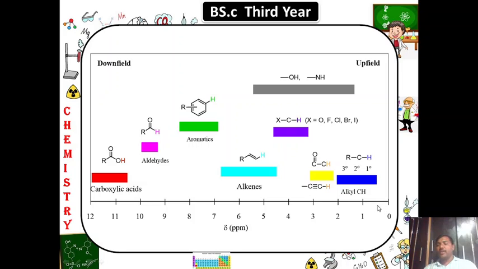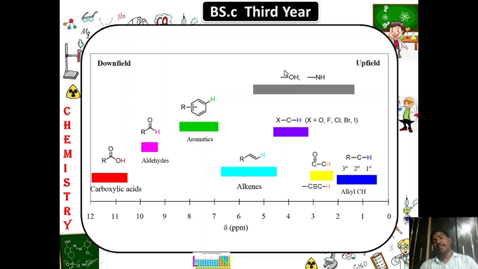For carbon attached to a double bond or a ketone function, the signal appears at about 2.2 to 3. When a halogen atom is attached to the carbon bearing the proton, the range is about 3.2 to 4.7.